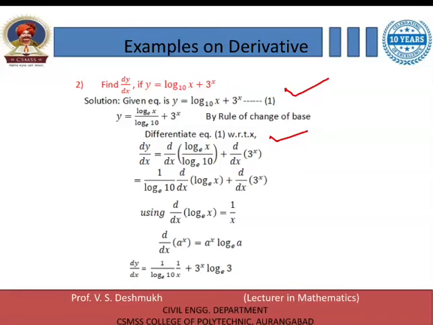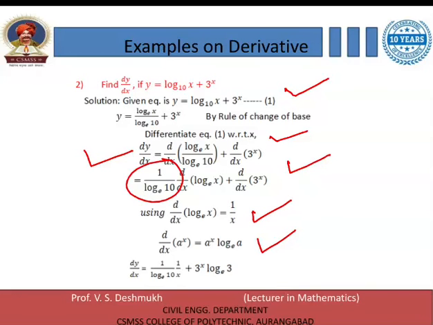Differentiate equation 1 with respect to x. So we apply the derivative to all terms. So dy by dx is equal to d by dx of log x upon log 10 plus d by dx of 3 raised to x. We know the formula for the derivative of log x is 1 by x. The derivative of a raised to x is a raised to x log a. So apply that formula.